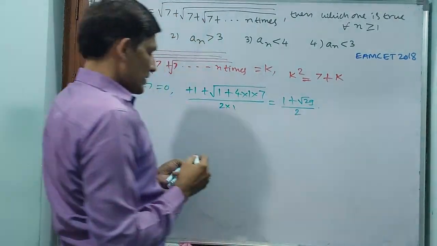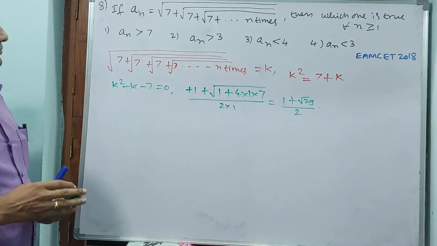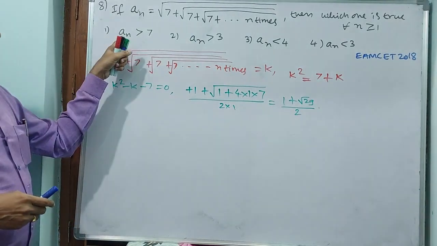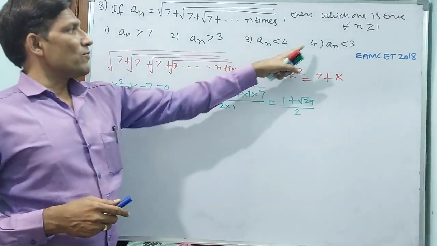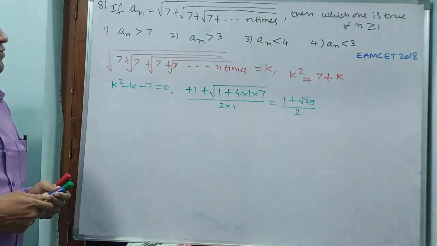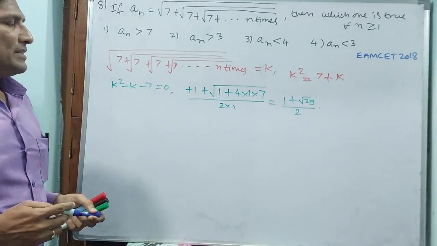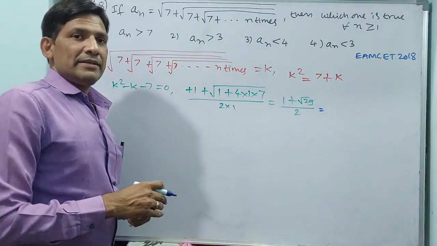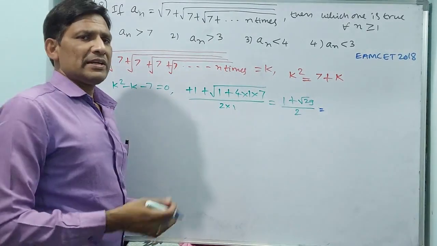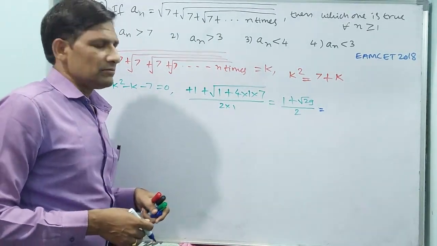Now this is the value. This value is a_n. Is this a_n greater than 7, greater than 3, or less than 4, or whatever it may be? We have to see. Root 29, how are you going to find it? Because if you know root 29, automatically you are going to get the value.